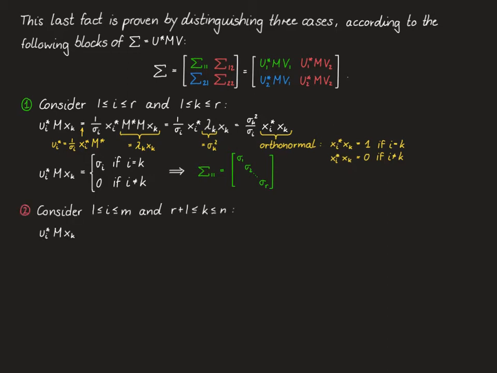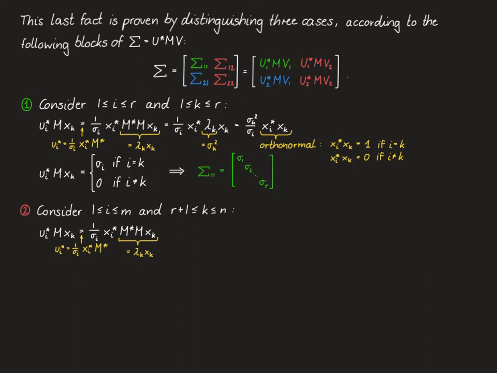In the second case, we consider all indices i between 1 and m and all indices k between r plus 1 and n. And again, we look at the expression ui star M xk, where we can substitute ui star with 1 over sigma i times xi star M star. And then we can again substitute M star M xk with lambda k xk.